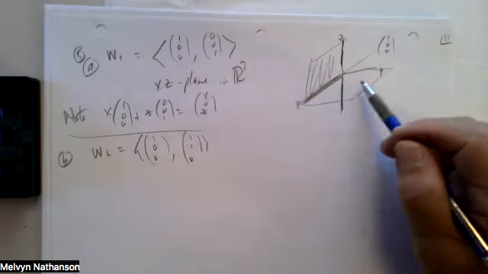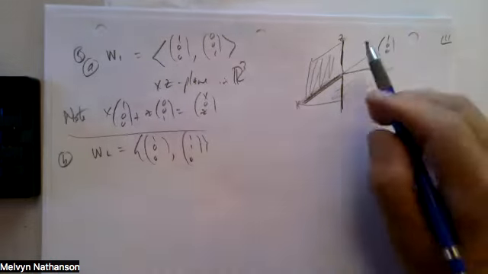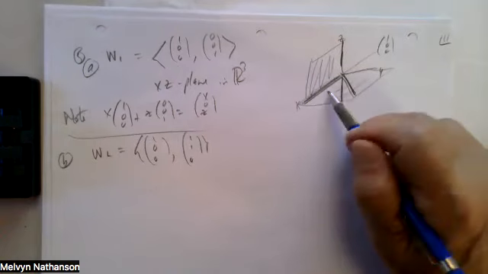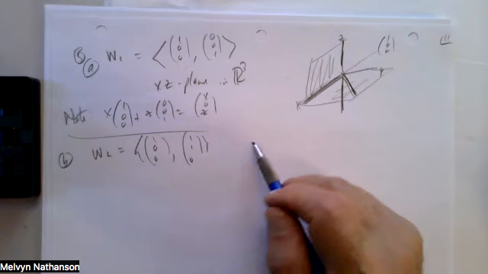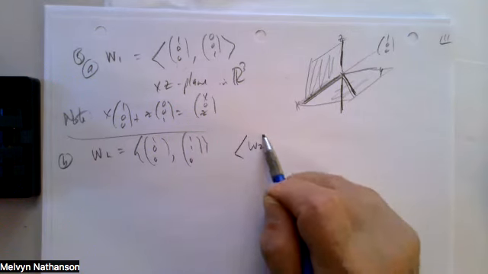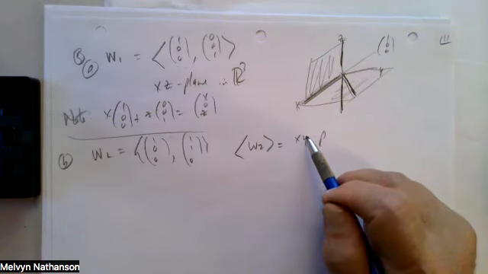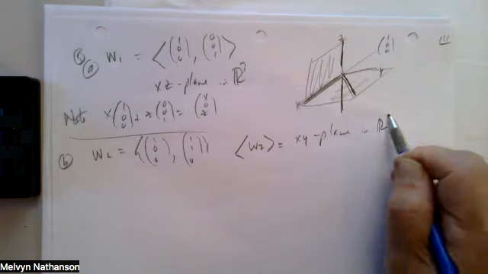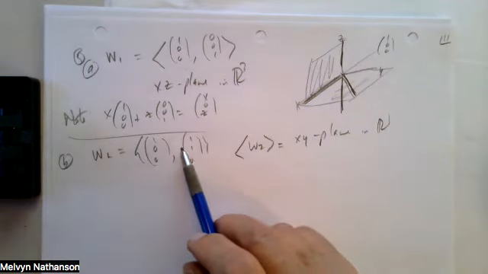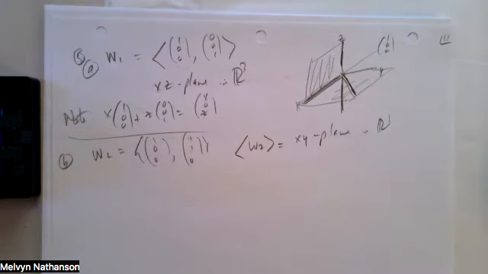In the XY plane, 1, 1, 0 is just a line, x equal y. So the subspace generated by the set W2 is the XY plane in R3. Every vector in the plane is a linear combination of these two vectors.